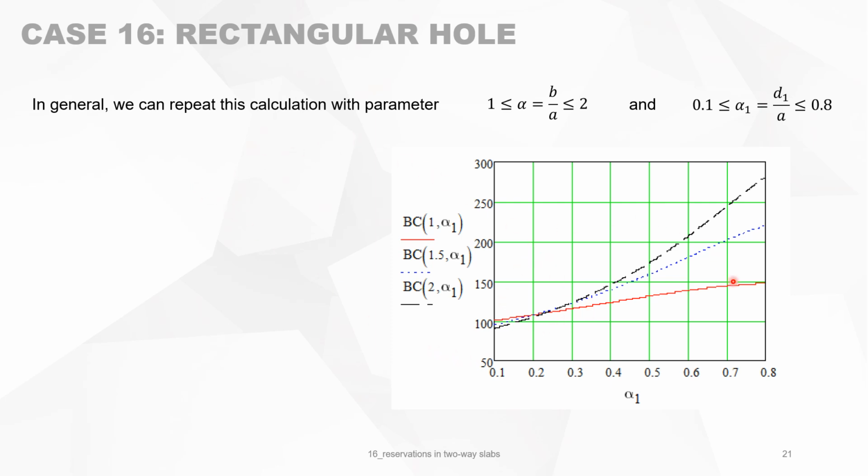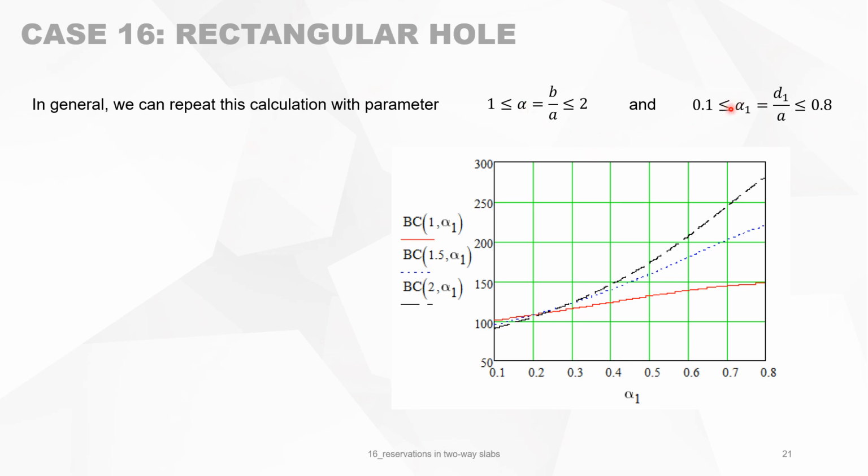Now let's study the left corner of the previous graph, and we will now make a graph with alpha 1 on the x-axis and the bearing capacity on the y-axis, for alpha 1 up to 2, that's the total range.